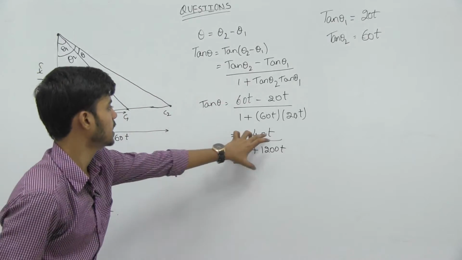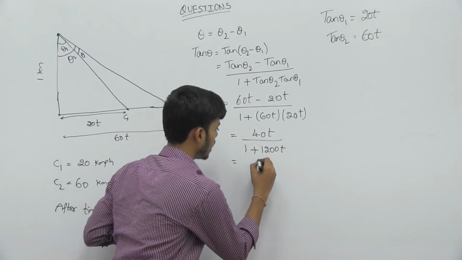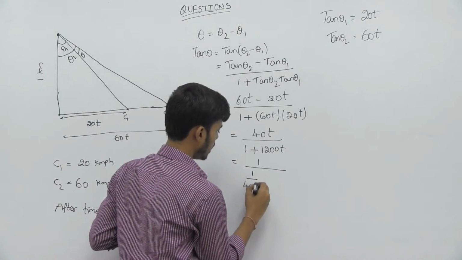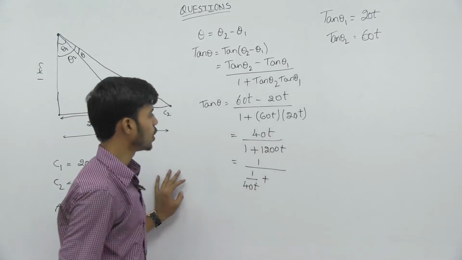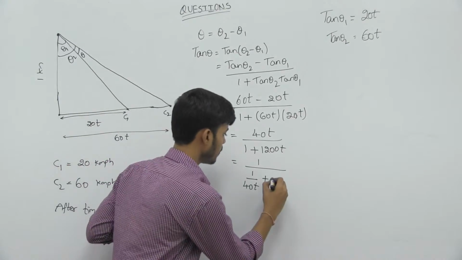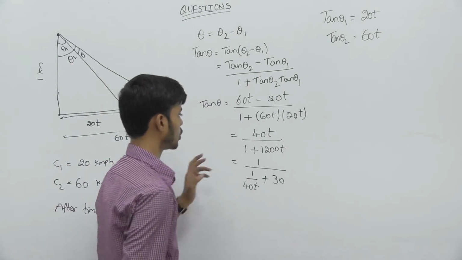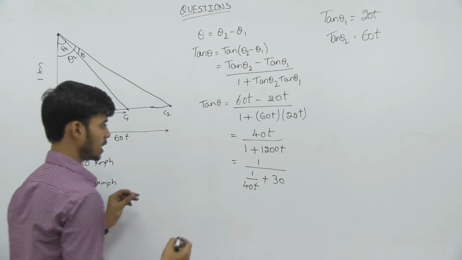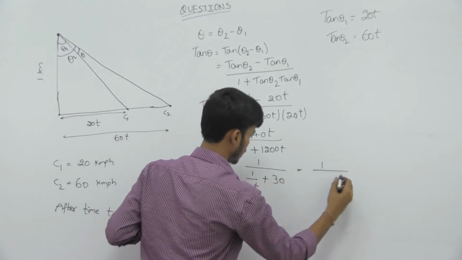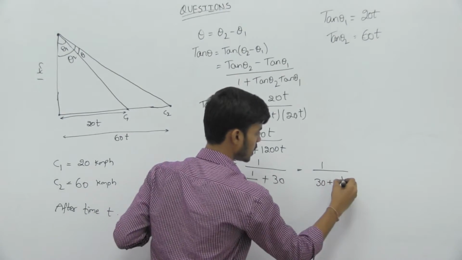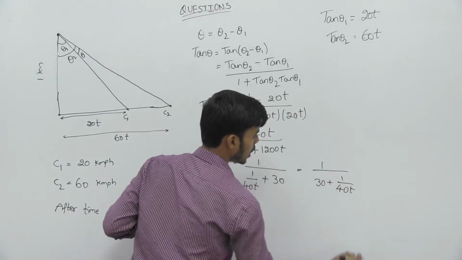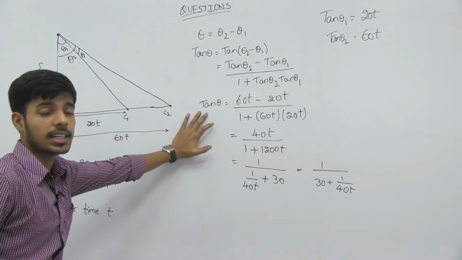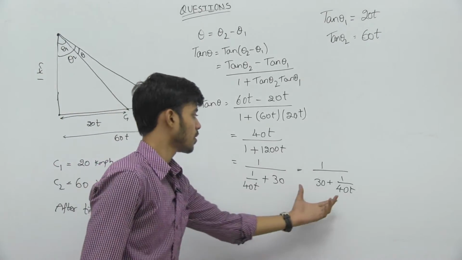Now let's divide. We have 1 by 40t plus 1200 by 40, which is 30, because t gets cancelled. 1200 by 40 is 30. So tan theta equals 1 by 30t plus 1 by 40t. Now we have to find the maximum value of tan theta which can occur.